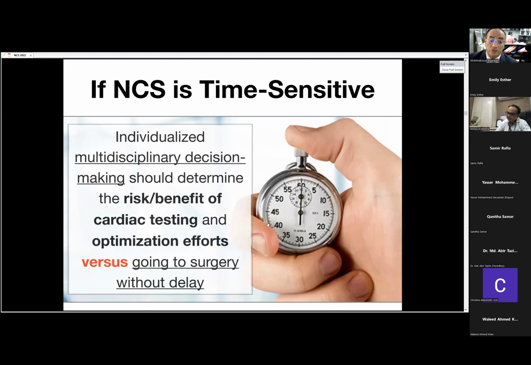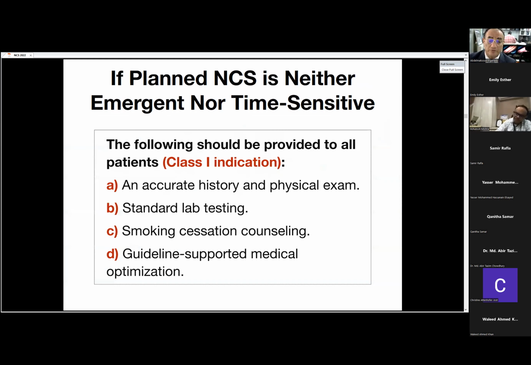If non-cardiac surgery is time sensitive, individualized multidisciplinary decision-making should determine the risk-benefit of cardiac testing and optimizing effort versus proceeding to surgery. Here, the multidisciplinary team will decide either to go for cardiac testing or to go to the surgery without delay. So this is the responsibility of the multidisciplinary team in time-sensitive procedures.